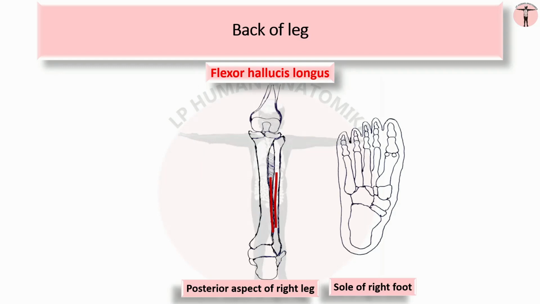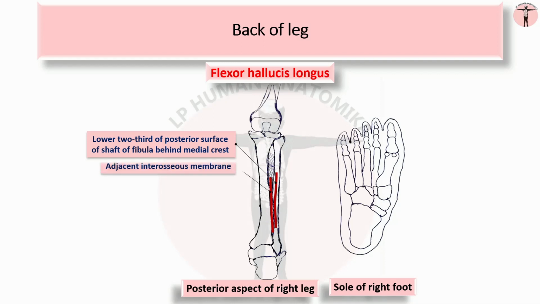Flexor hallucis longus. It arises from many points: the lower 2/3 of posterior surface of shaft of fibula behind medial crest below the origin of soleus, interosseous membrane below the tibialis posterior, from the fascia covering the tibialis posterior and the posterior intermuscular septum.